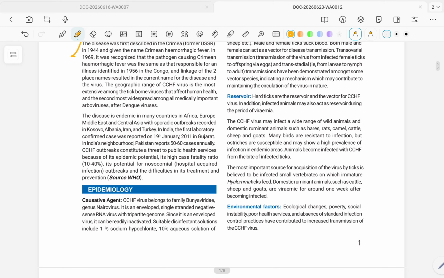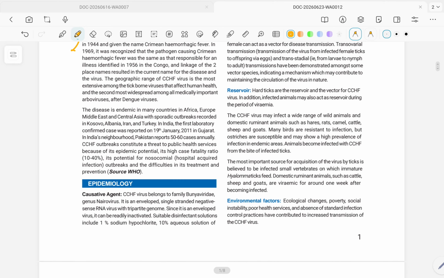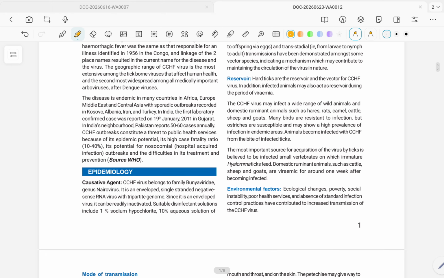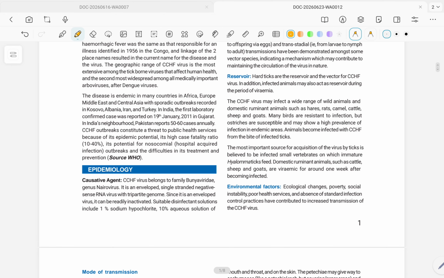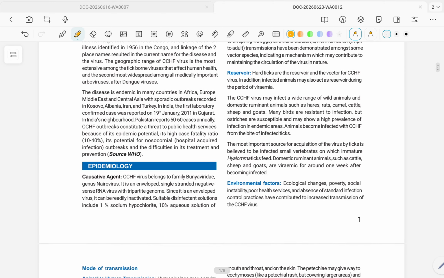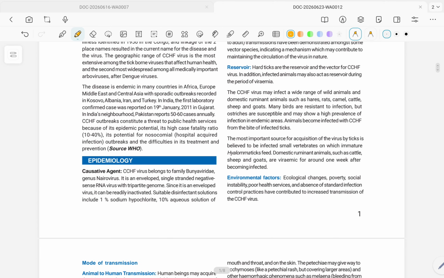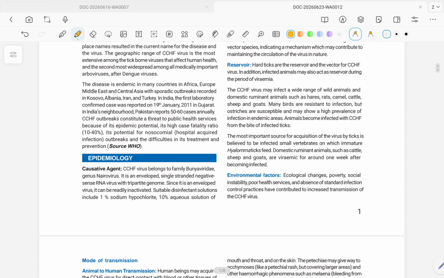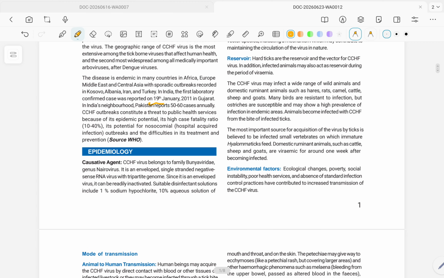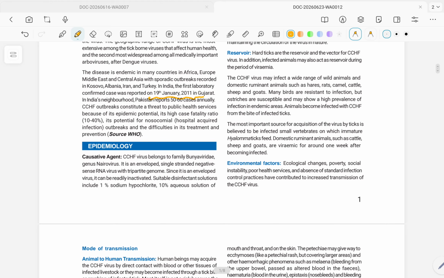The disease is endemic in many countries in Africa, Europe, the Middle East, and Central Asia, with sporadic outbreaks recorded in Kosovo, Albania, Iran, and Turkey. In India, the first laboratory confirmed case was reported on 19 January 2011 in Gujarat. Neighboring Pakistan reports 56 cases annually.